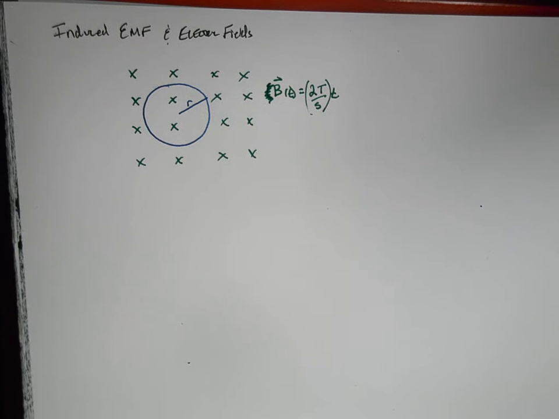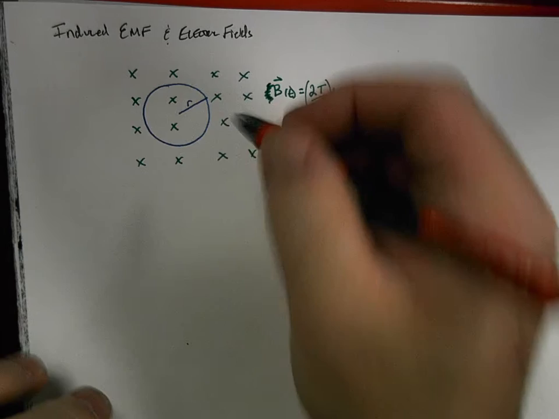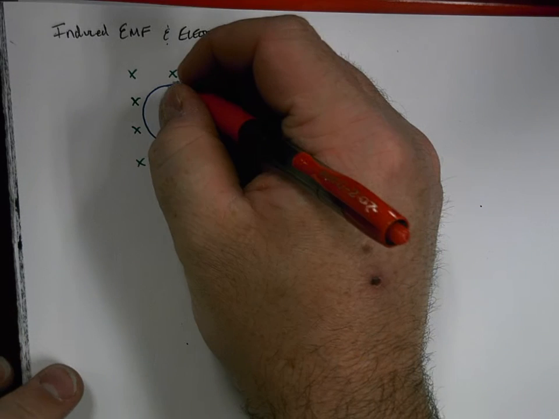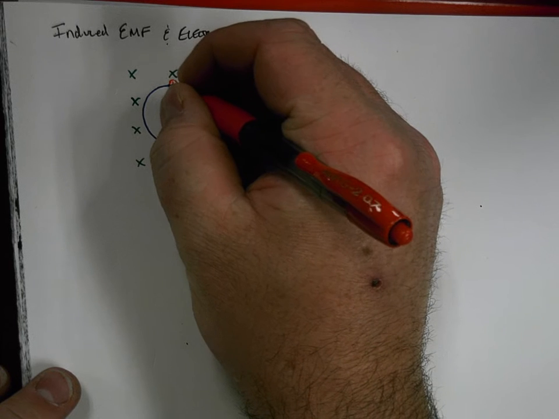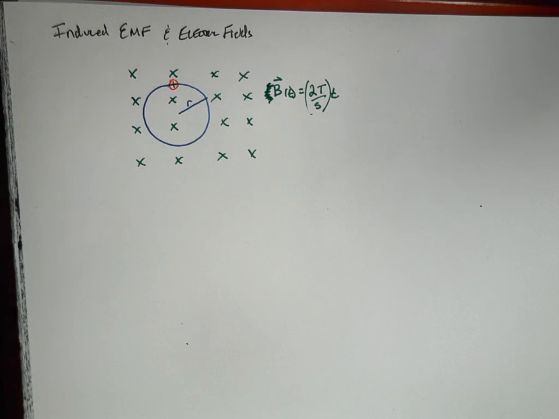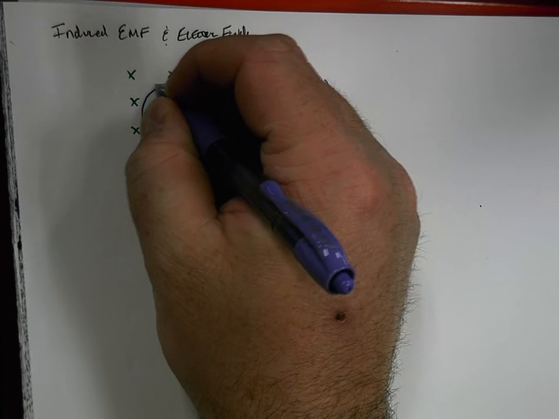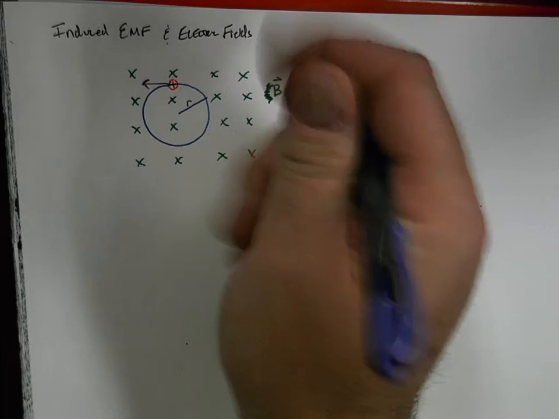If we remember from Lenz's law, the induced current comes in to counteract the change of the magnetic field. Our magnetic field is pointing up. And so, if we have a particle at this point, the force that is going to exist on this particle is going to point in that direction.